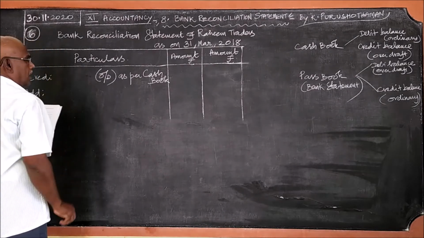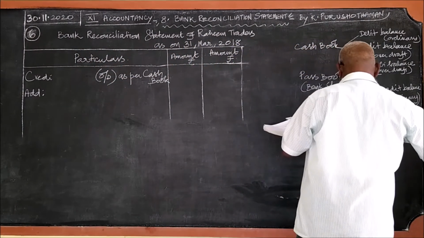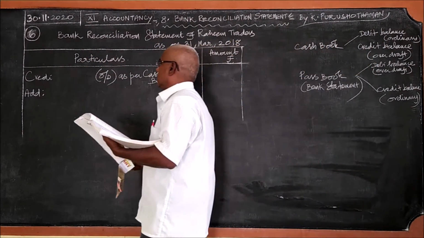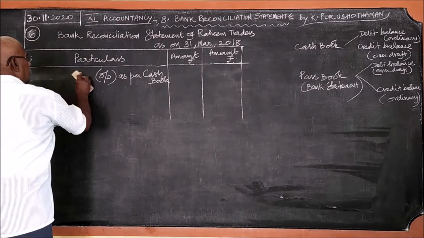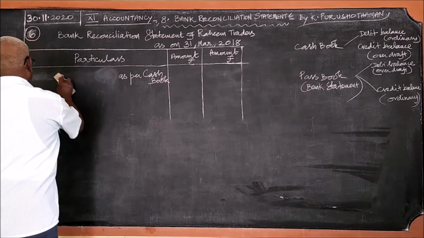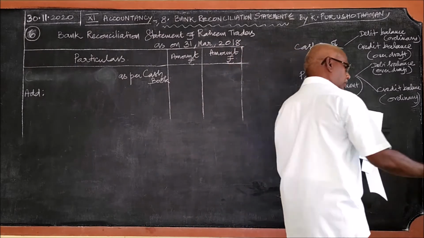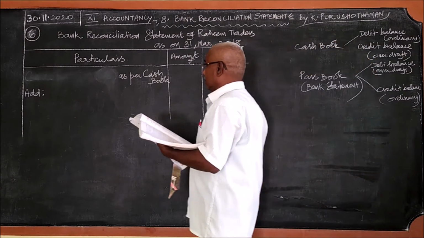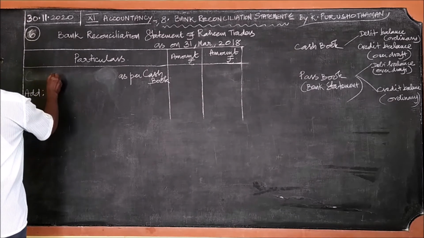The terms credit balance and overdraft are both the same for the cash book.